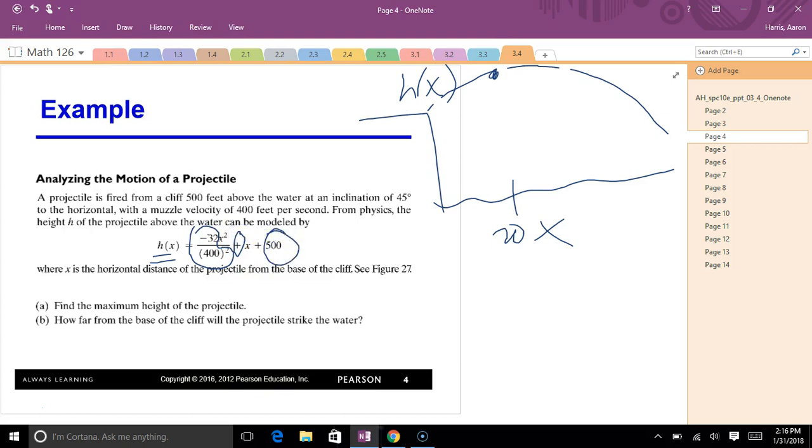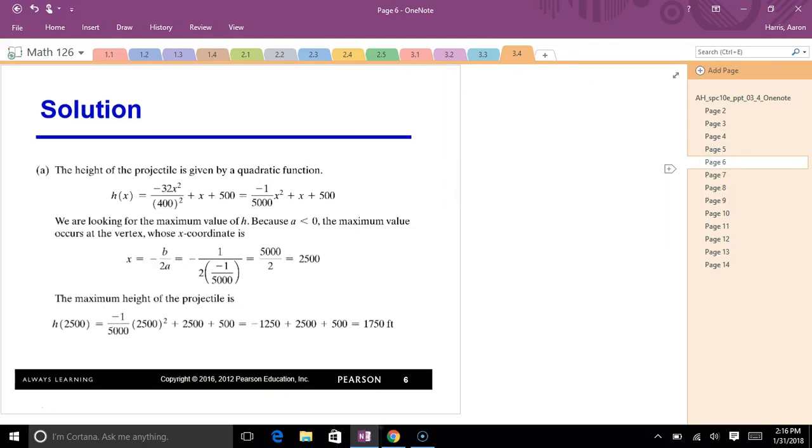So we plug it in: negative b, our b again is 1, over 2 times negative 32 over 400 squared. That reduces to negative 1 over 5,000. You just work that out, and you end up with x being 2,500.